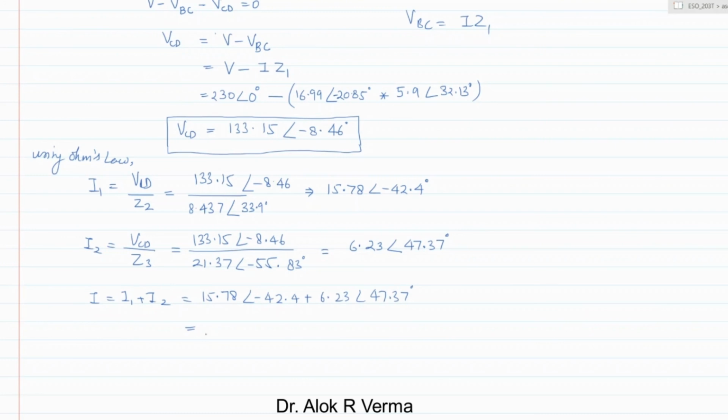This will be 11.65 minus j of 10.64 plus 4.22 plus j of 4.58, and if you add these two, it will be 15.87 minus j of 6.206, which is nothing but 16.99 angle of minus 20.85.